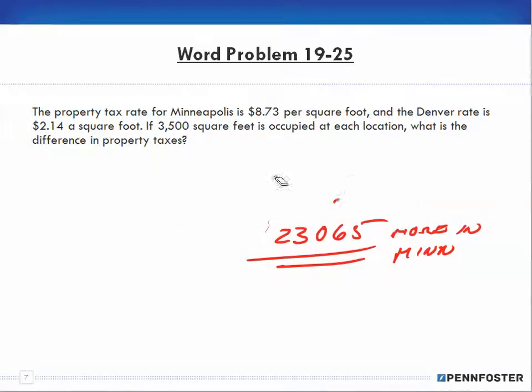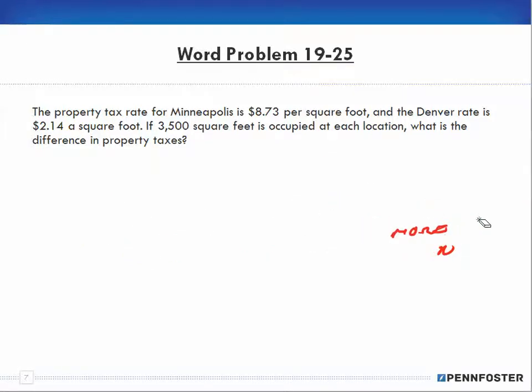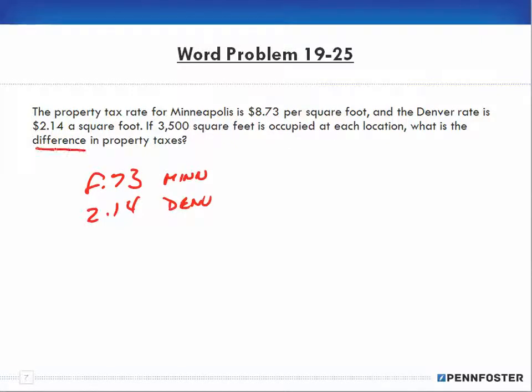You might not have understood what I was getting at here. The property tax rate for Minneapolis is 8.73, and the Denver rate is 2.14. If 3,500 square feet is occupied in each location, what is the difference in property taxes?